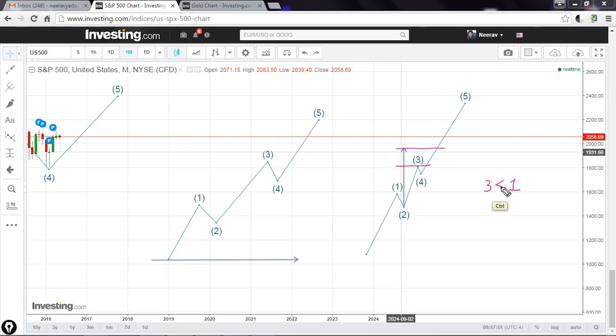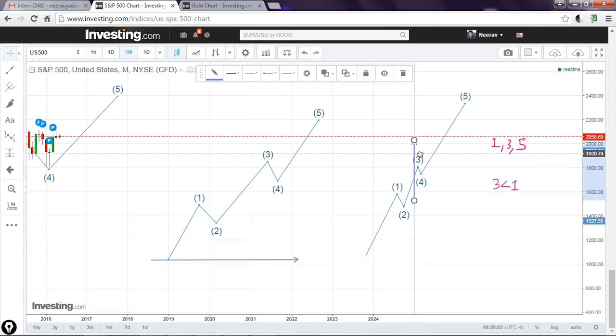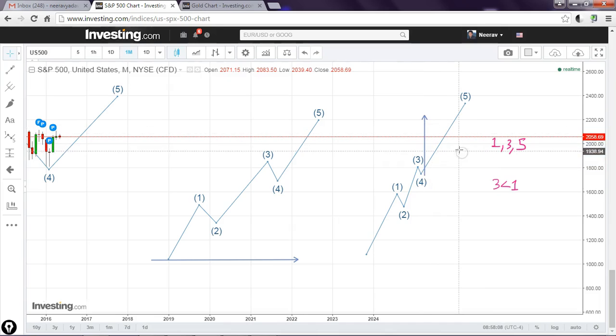Now remember, this rule is for comparing all 3 waves, that is waves 1, 3 and 5. So let's compare wave 5 then. If I put the length of wave 1 in comparison to wave 5, we can clearly see that in this case wave 5 is greater than wave 1.